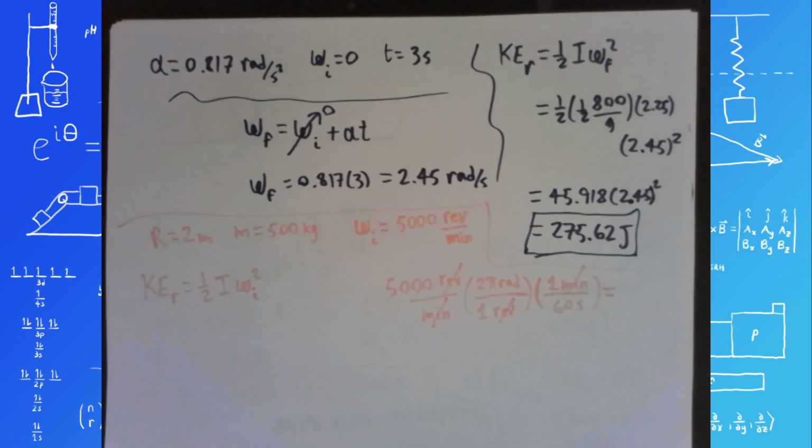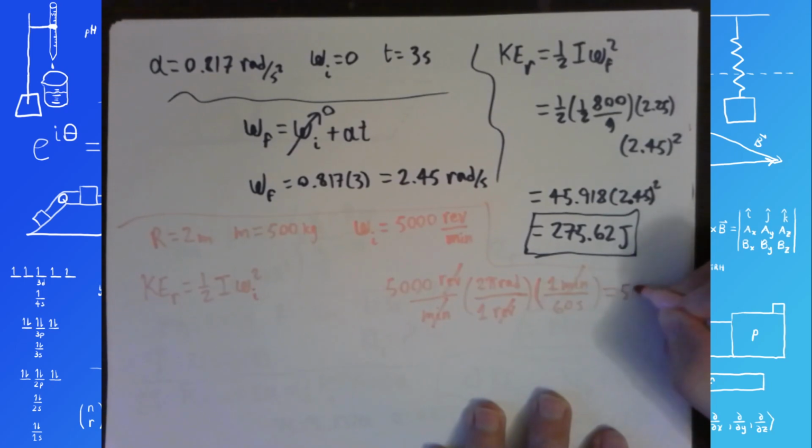So 10,000 pi, if I do 5,000 times 2, that's where I'm getting the 10,000 from. So 10,000 times pi, and then divide all that by 60. And I'm getting 523.5987. I'm going to round that to 523.599. 523.599 radians per second.